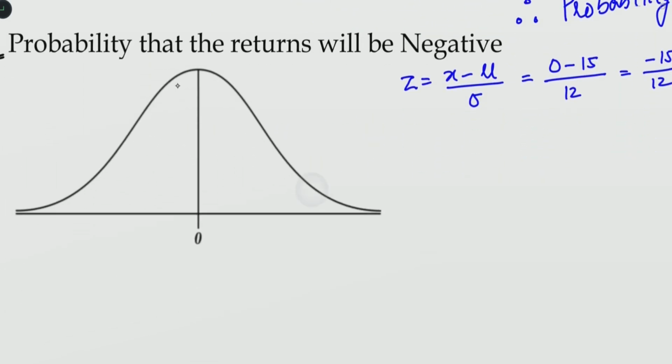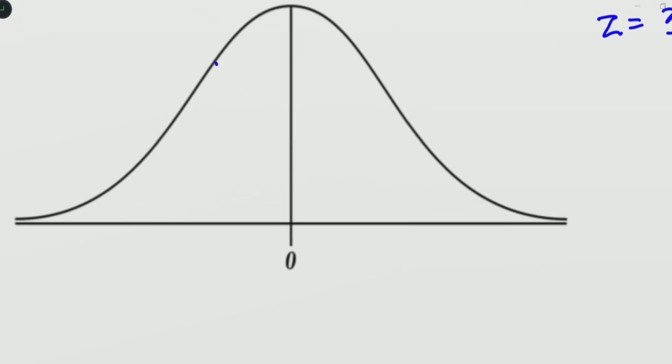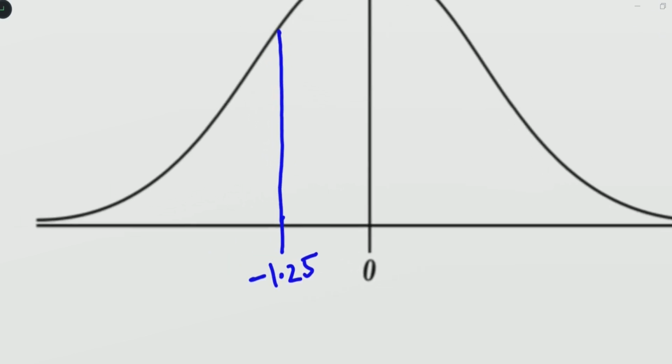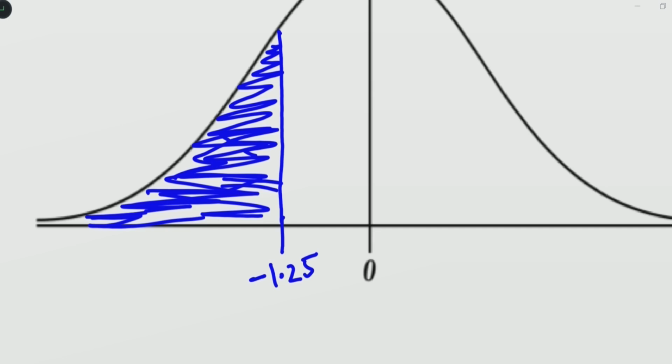Negative 1.25, where we can plot negative 1.25. Look at this. Assume that the negative 1.25 value comes here. So this is the required area. This blue area is the required area.